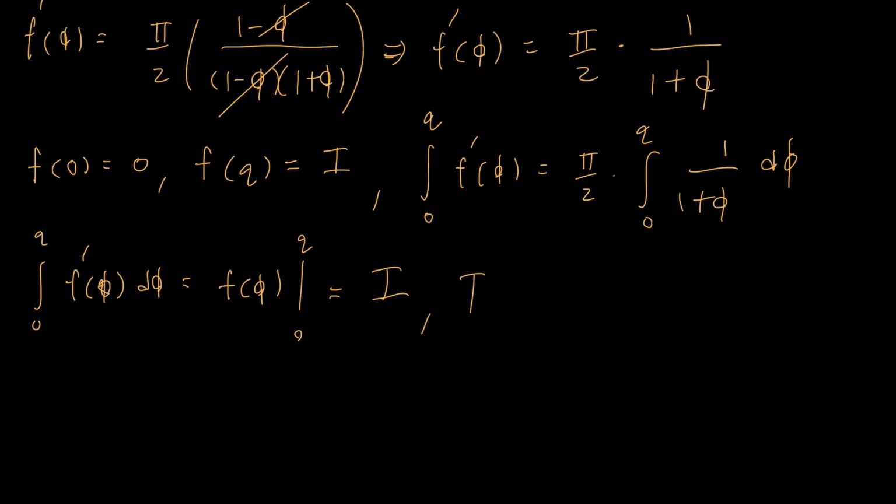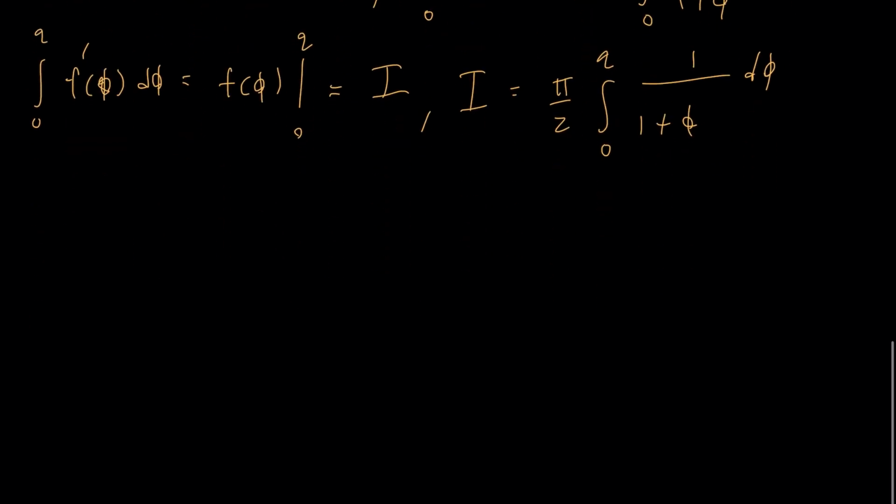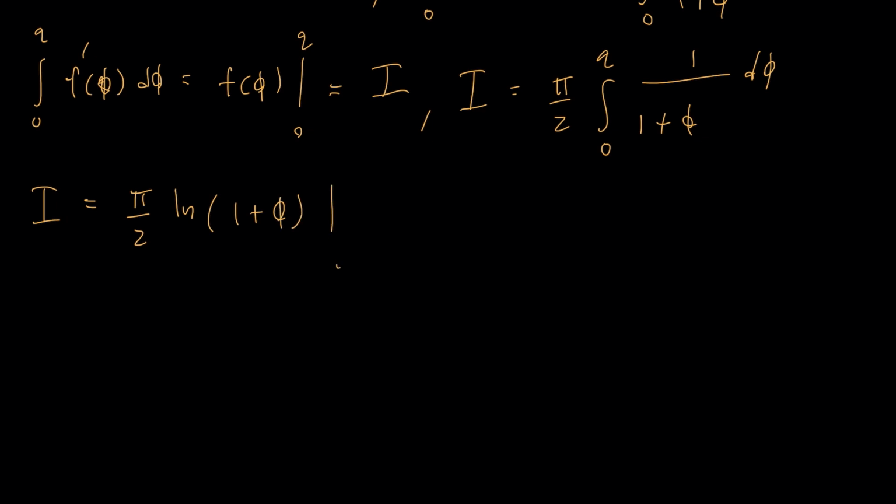So our integral is now pi over 2 times the integral from 0 to q of 1 over 1 plus phi d phi, but that's a fairly standard integral. So the integral is pi over 2 times the logarithm of 1 plus phi, evaluated from 0 to q. And plugging in the endpoints, we have pi over 2 times the natural log of 1 plus q.